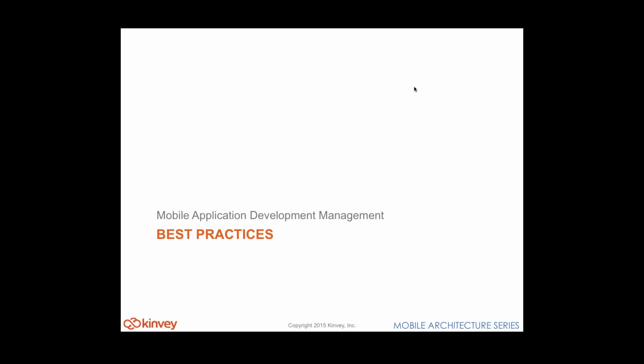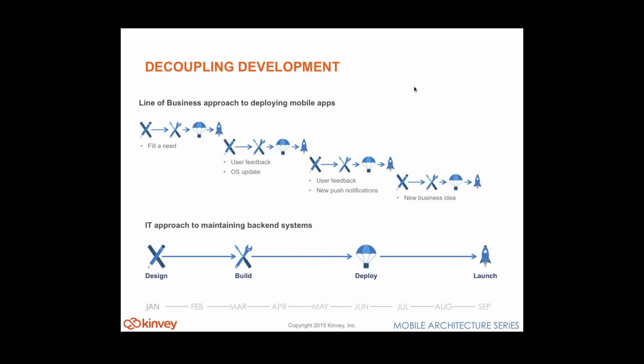So I'm going to talk a little bit about mobile application best practices for development. So first of all, we're going to talk about lifecycle management. The line of business approach to deploying mobile apps is this very iterative, very agile kind of framework where you build and then you test and then you deploy and then you build and then test and deploy, and you do this iteratively so that you end up with better and better results over time.